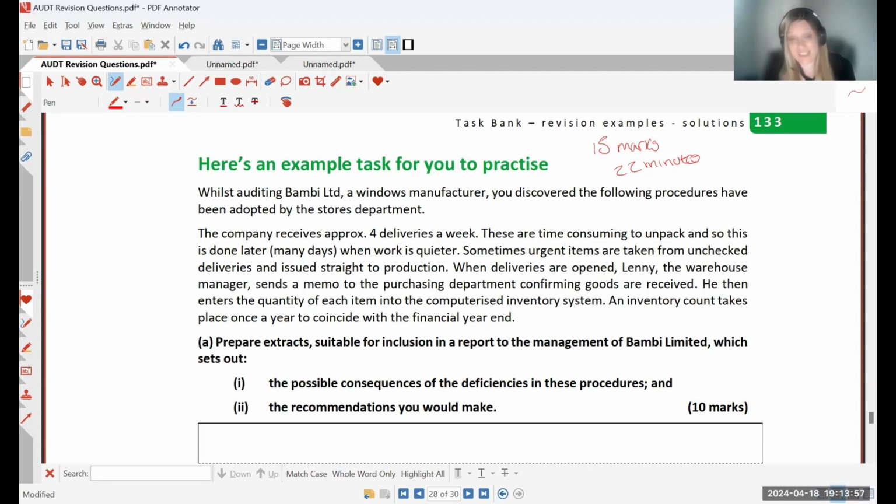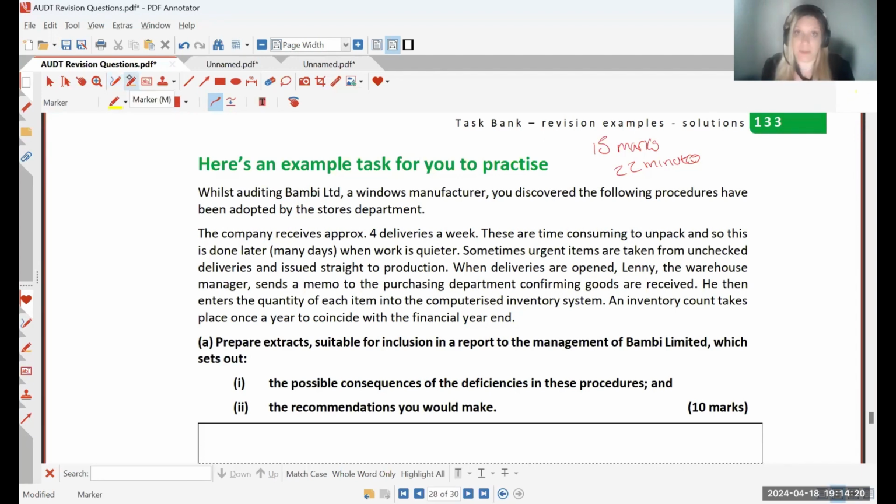Also, are the controls that are in place substantial? And if they're not, what are the consequences? What are the risks? This is very much like a question from your internal controls unit, if you have done that unit already. So let's read the scenario.